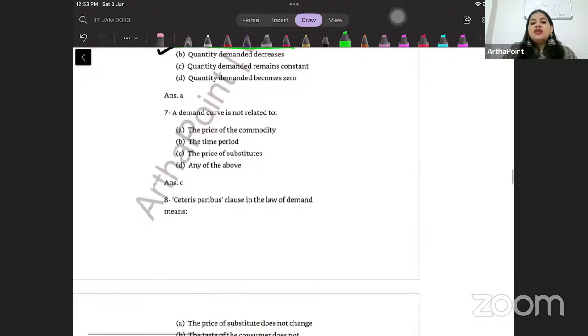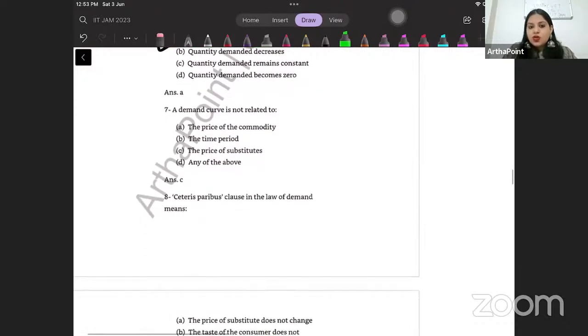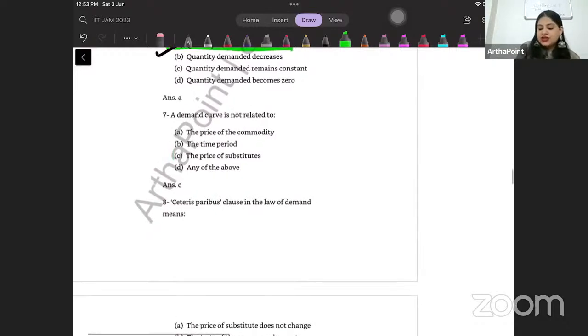A demand is related to price of commodity and time period. But for price of substitutes, it's not the demand curve, it is the shift in the curve. So the answer to this question will be price of substitutes. C.